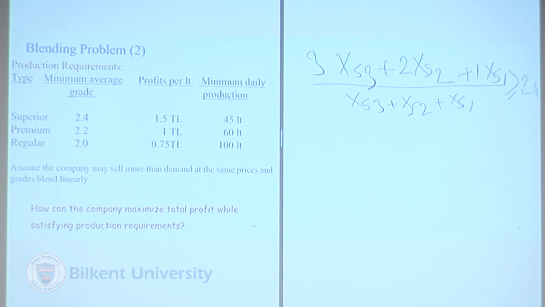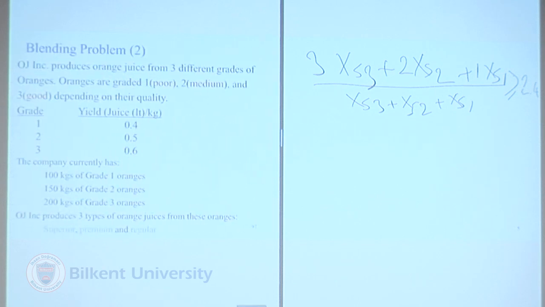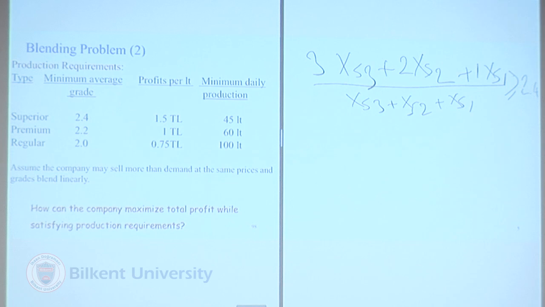For each medium orange, I'm getting a 2. And for our poor orange, I'm getting a 1. And this is the average then, average grade of the mixture I put in here to label as superior. As long as this condition is satisfied, my thingy will be superior, right?